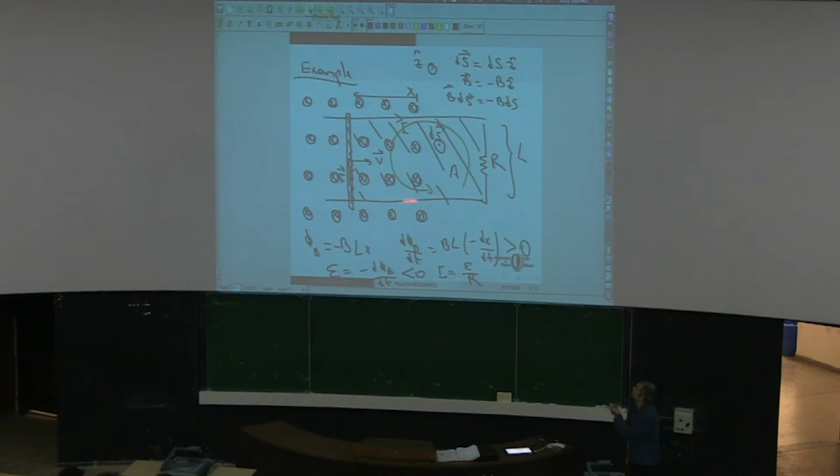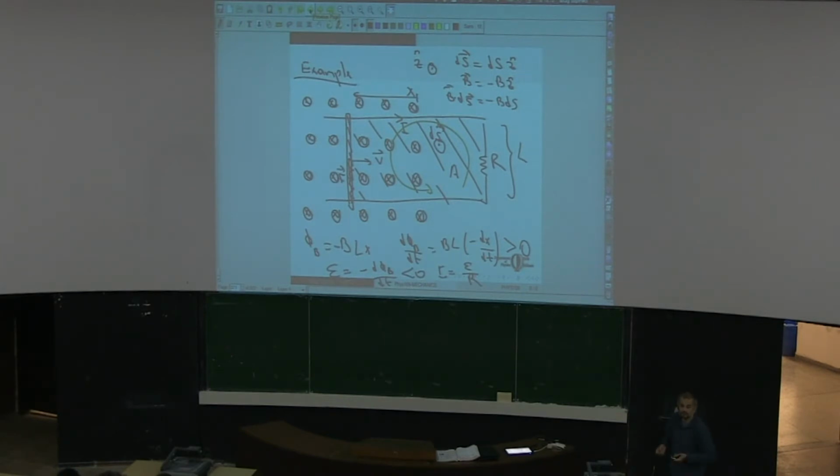And that is possible if there is a current running in this direction, because if there is a current running in this direction, it will create some magnetic fields pointing into the screen in this region. Well, the magnetic field lines in this region will be pointing out, but we are interested in this one. So it will create a magnetic field into this region, into the screen, and hence increase the net flux in this area.